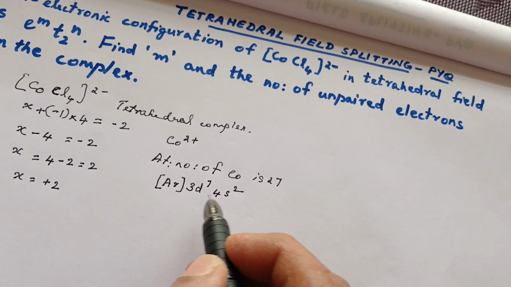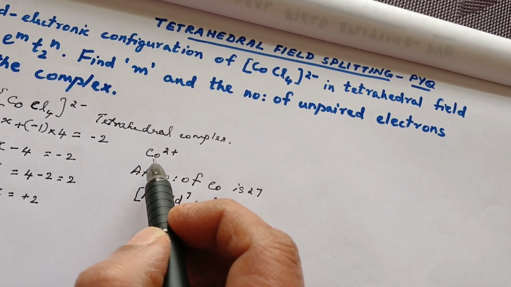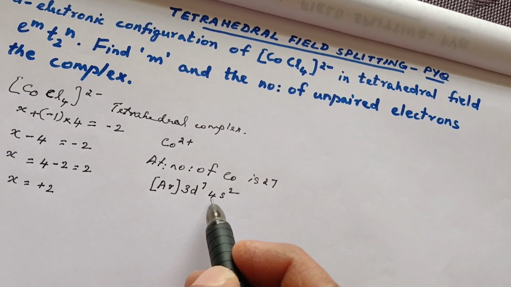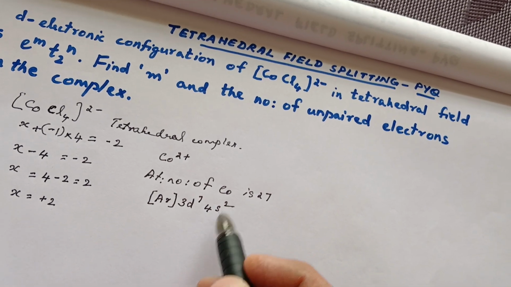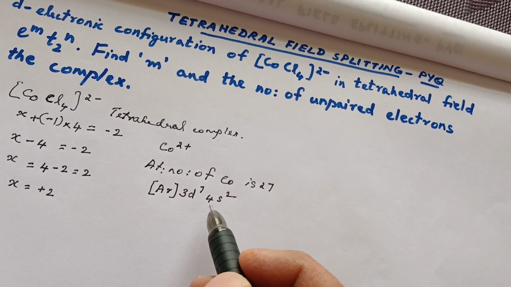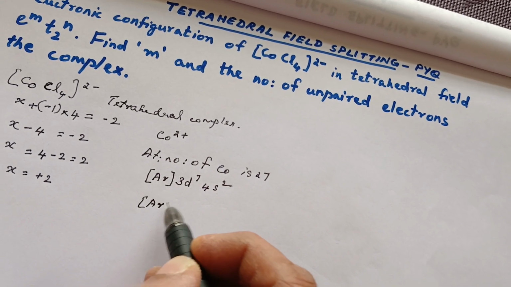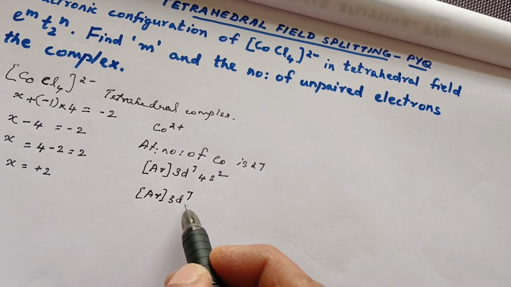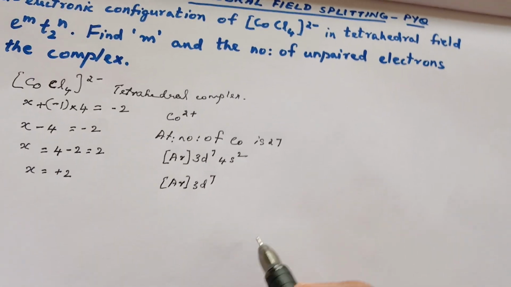This is the electronic configuration of cobalt. But what we have here is Co2+. That means 2 of the outermost shell electrons will have to be removed. So the 4s2 electrons should go. Then that will give us Ar 3d7. So we are bothered only about the d orbitals in this particular case.